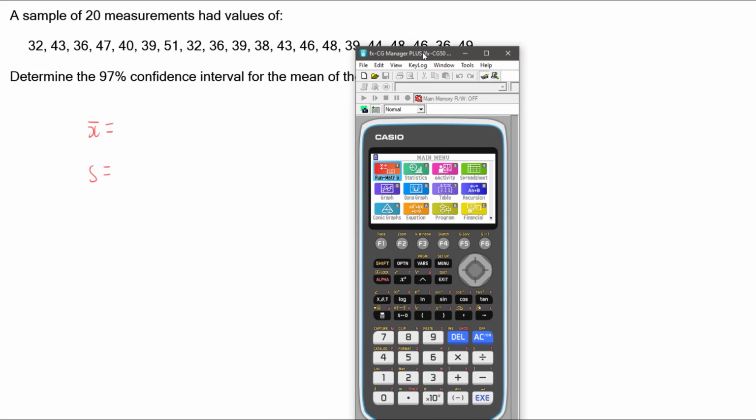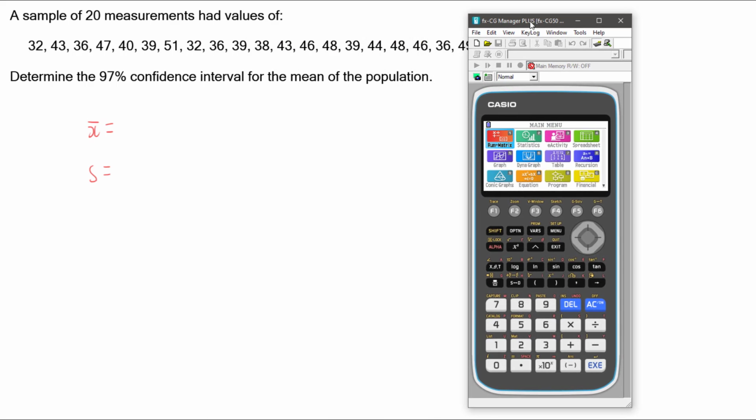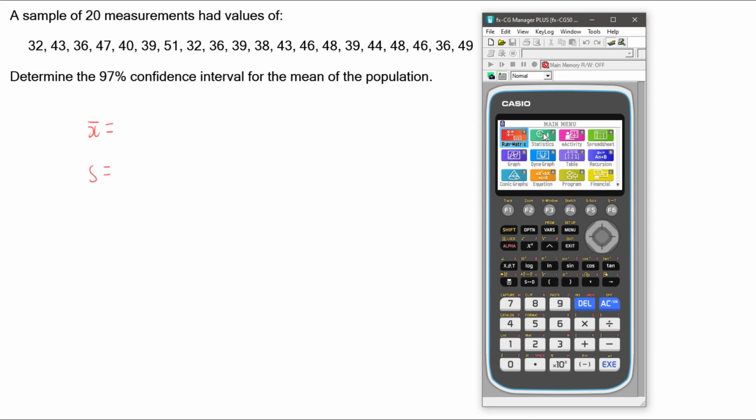We could use either a graphics calculator or a scientific calculator to do this. I'm going to use the graphics calculator. We're going to go to our statistics menu on this CASIO CG-50, and we're going to enter in our numbers.